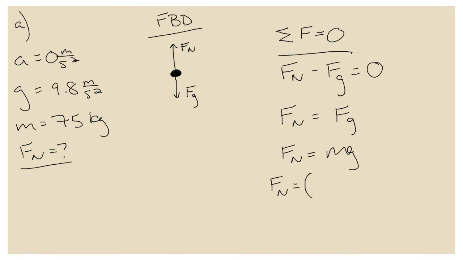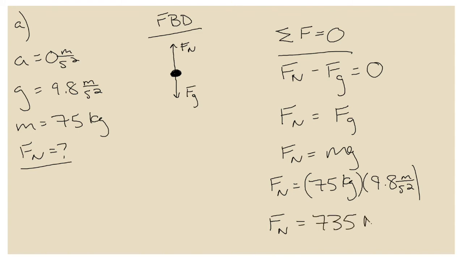And so plugging in here, we have the mass, 75 kilograms, times g, 9.8 meters per second squared. And when you do that math, 75 times 9.8, taking into account the units, you get 735 newtons. So that's the weight of the person, 735 newtons. And that's the normal force before the elevator begins moving.